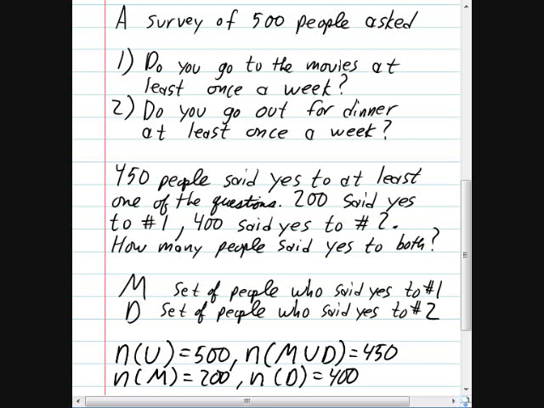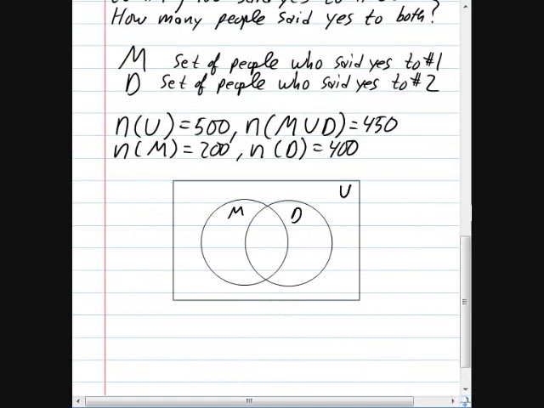Now that we have this information, we can draw a Venn diagram. Let's see if we can use this information to fill in the Venn diagram. So we know that the number in the set M is 200, but the 200 is the total in both this region and this region.